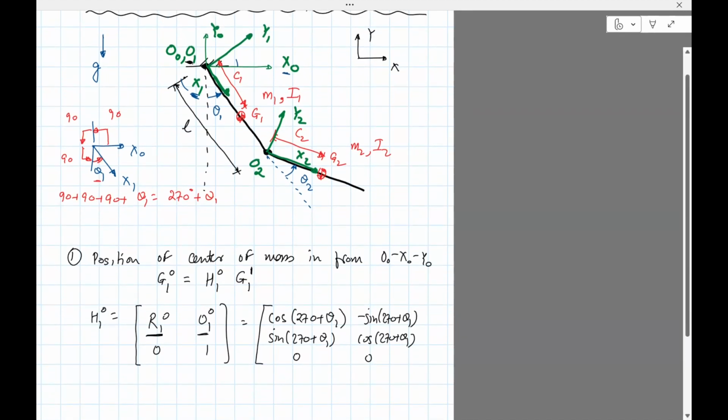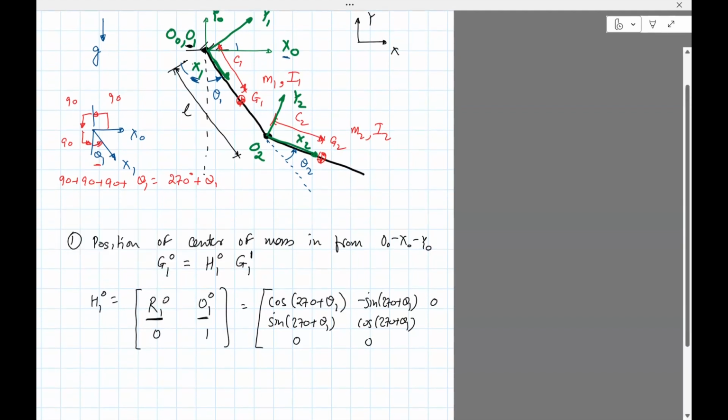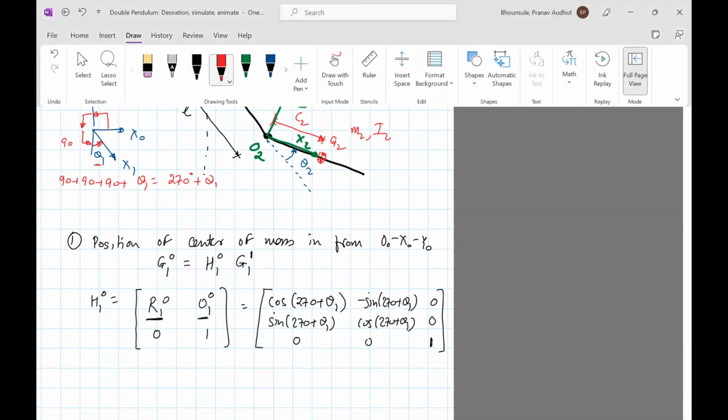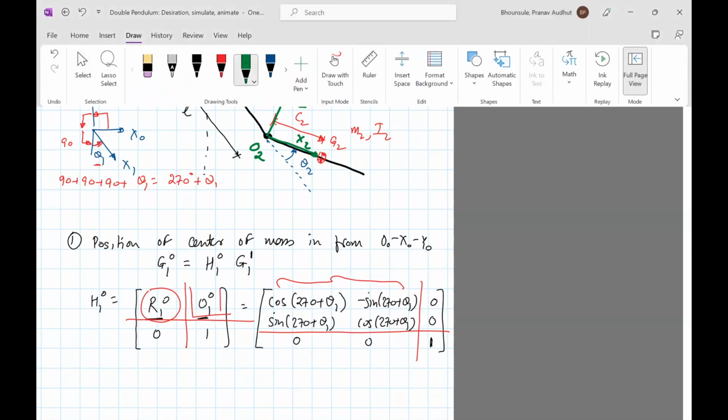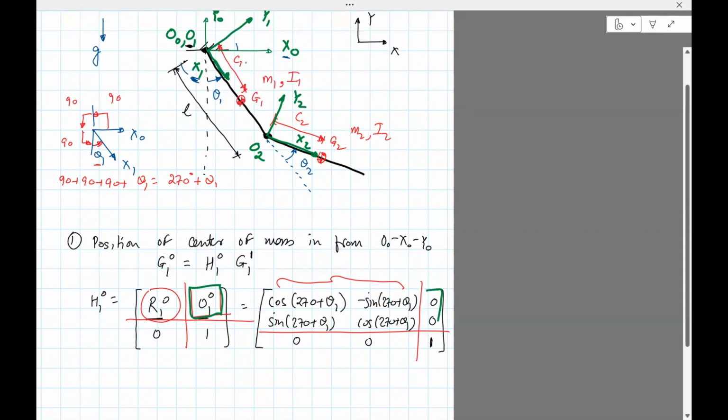But remember that what's happening here with this frame 1 is that it's only rotating, it's not translating. So that position is simply 0, 0. So now we can relate. This part is here, this part is this, and so on.